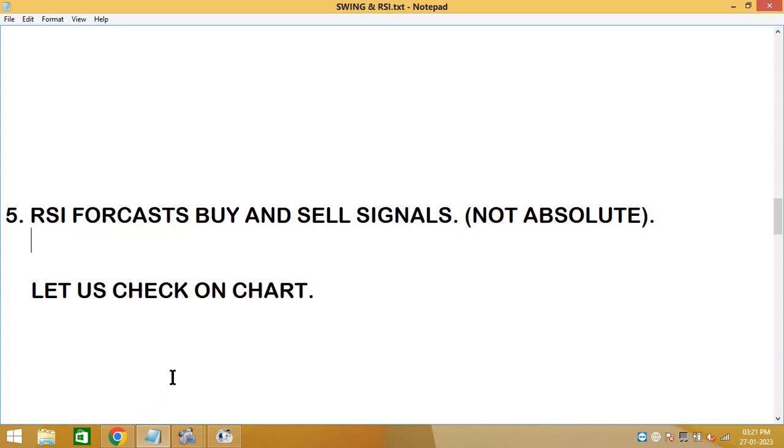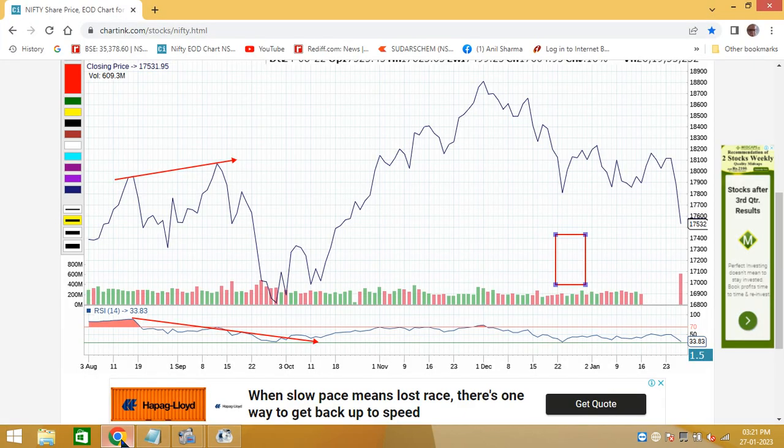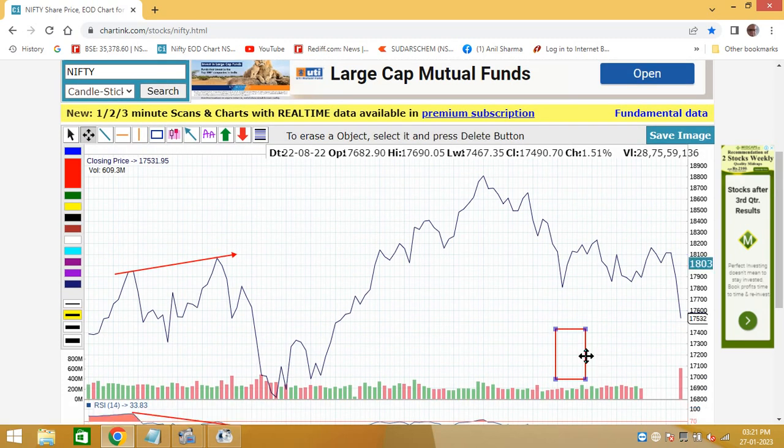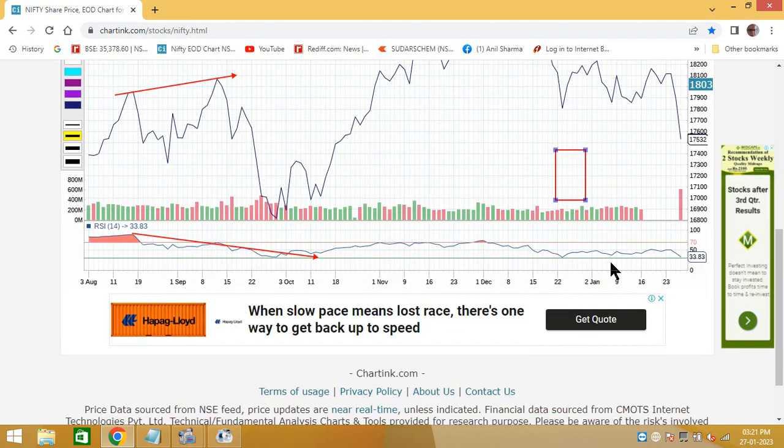But one thing is there, that when it really denotes the buy signal, this gives huge money. Let us see this. Friends, you can see here, this is RSI 30, 31. Here it has given a buy signal, which I will mark here.